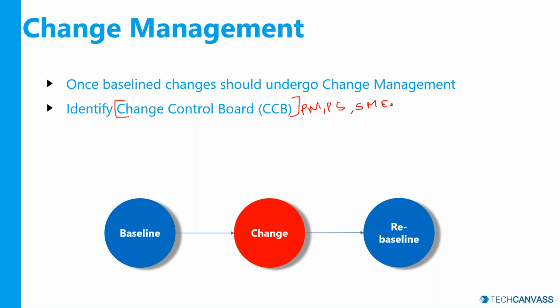These people will look at every change that is being proposed on top of the baseline, and they would either approve or reject a change. And you need to establish a change management process: what is a change, who would approve it, who would reject it, and on what basis it should be approved or rejected. All this needs to be defined beforehand.